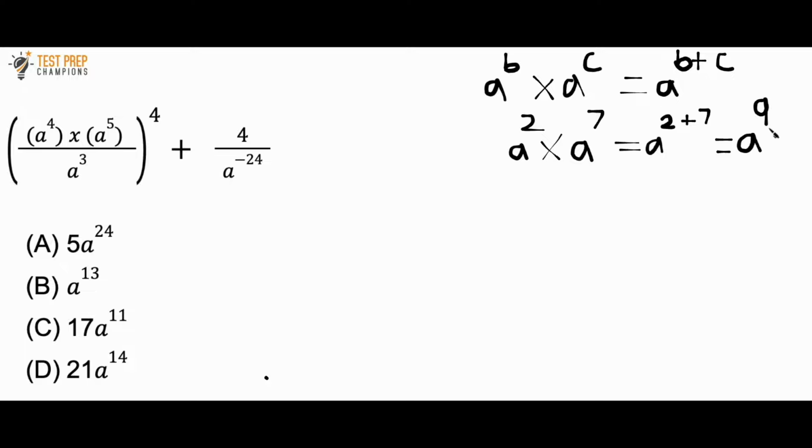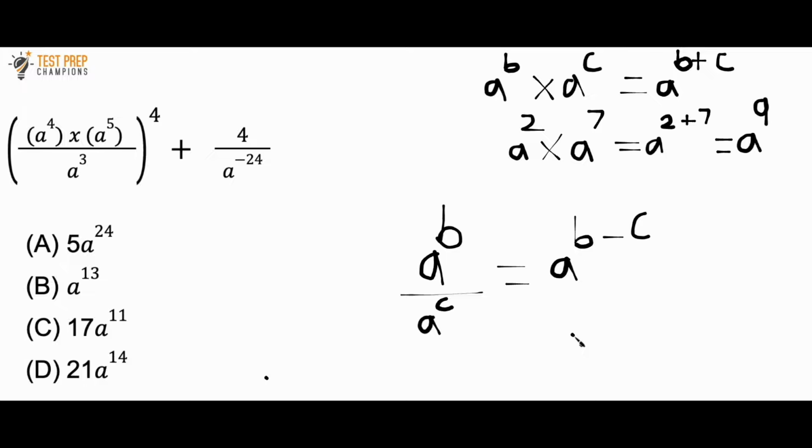And since 2 plus 7 is 9, this is the same as a raised to the power of 9. The next rule that's important to know is that when we have two bases that are the same and we're dividing, we can subtract the exponents. Let's say I have a raised to the power of b divided by a raised to the power of c. Since I have the same base and we're dividing, this is the same as a raised to the b minus c.